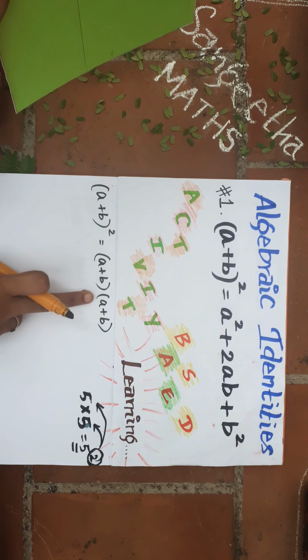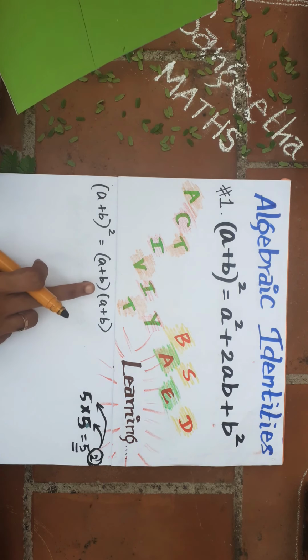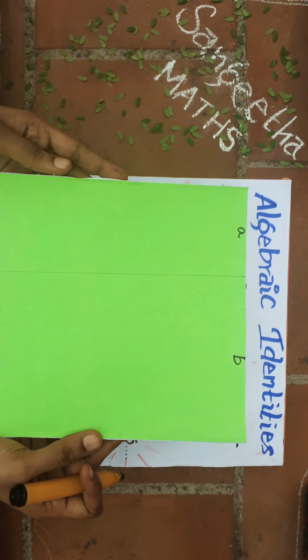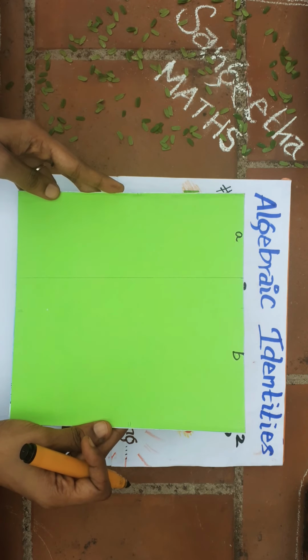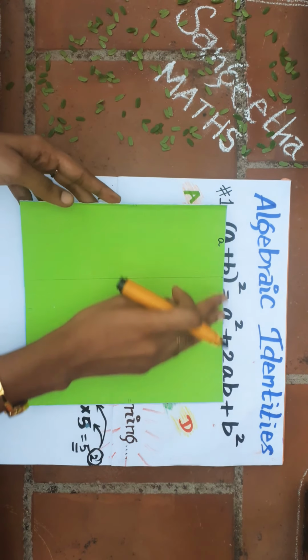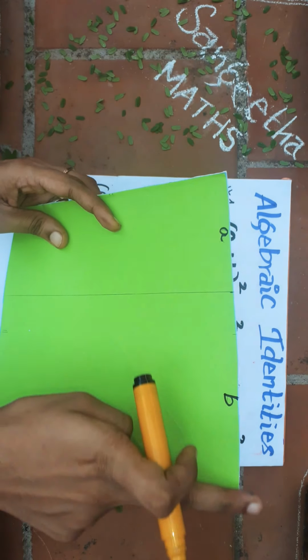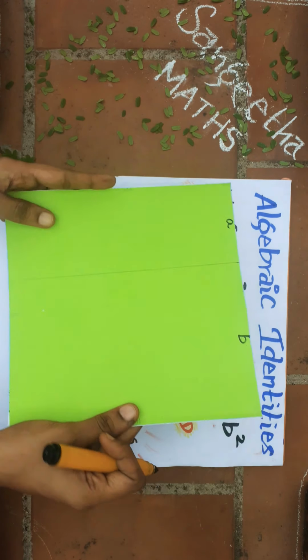Here you can sense it shows the area of this paper, this cutout area of the square. We all know the area of a square formula is side into side. So this a plus b I have taken over here, and we know all the sides are equal, so the other a plus b is going to be over here.